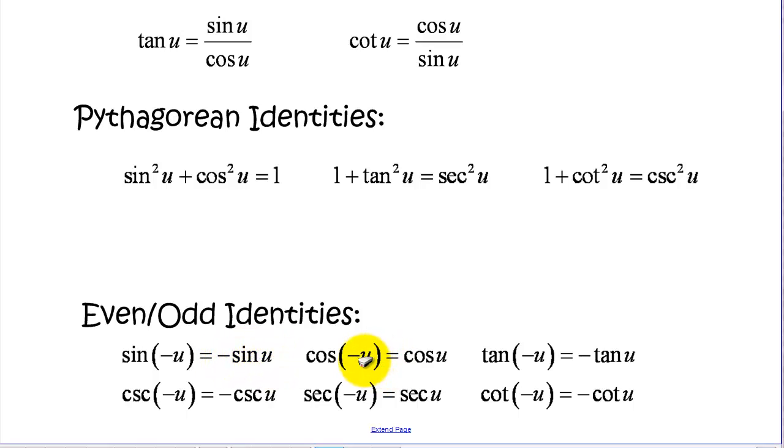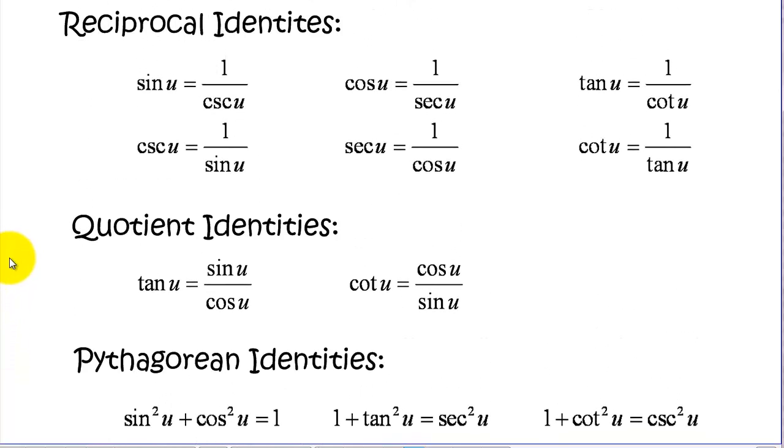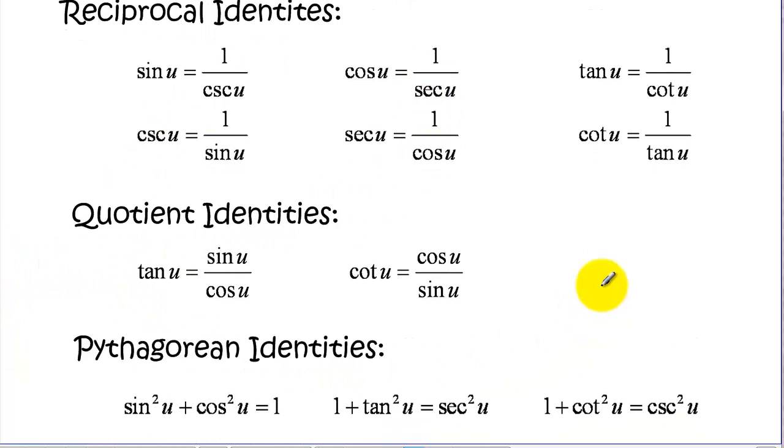The cosine of, say, negative 45 and the cosine of 45 are the same. And here they're the opposite. So these functions are called even functions. We may be occasionally using those identities. Most of the work today will be using these identities at the top.